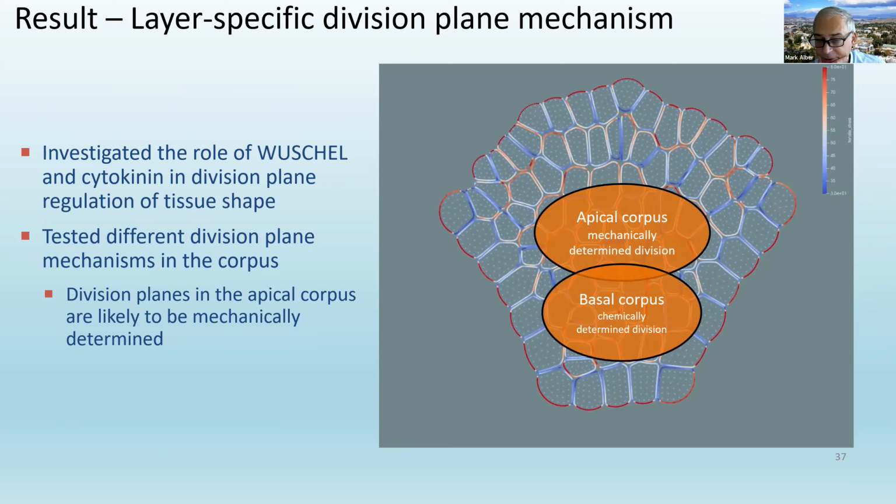We recently published a paper showing that on the apical side of the SAM, it's mostly mechanically determined positioning of walls during division, and that changes the structure. But at the same time, it seems it maintains the structure. And as you go deeper into the basal corpus, it actually depends to a large degree on chemical signaling.